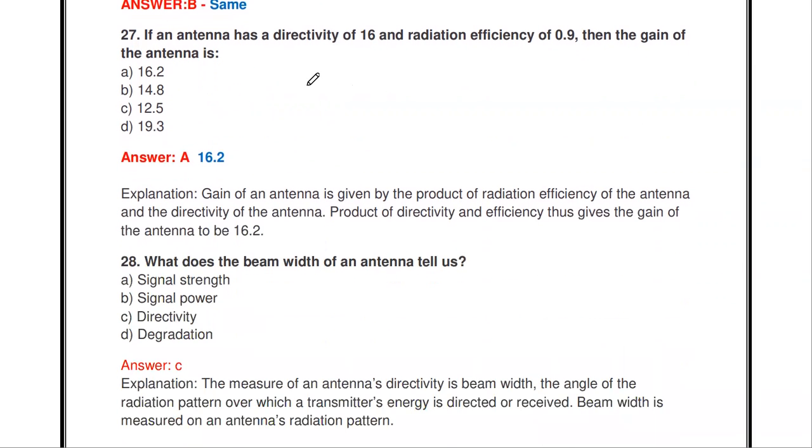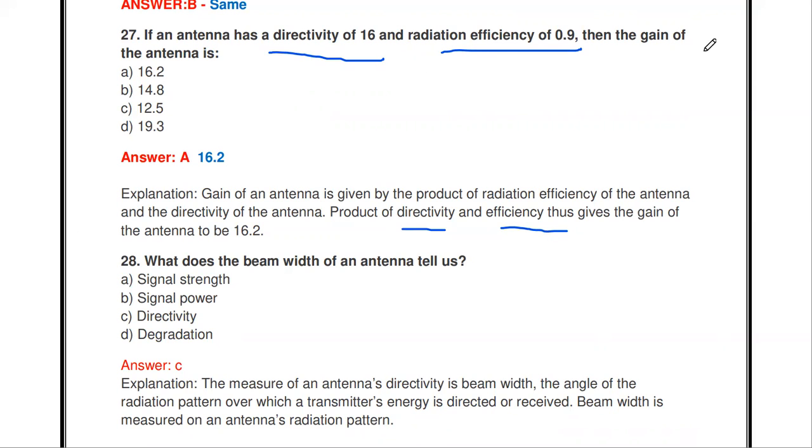The next one, if an antenna has a directivity of 16 and a radiation efficiency of 0.9, then the gain of the antenna is dash. What is the relation between the directivity and the radiation efficiency? The product of directivity and efficiency gives the gain of the antenna.